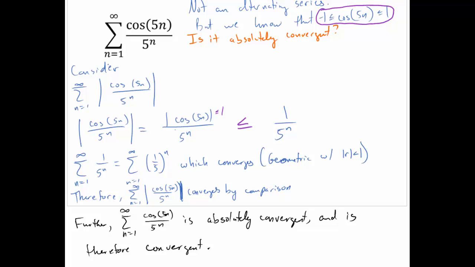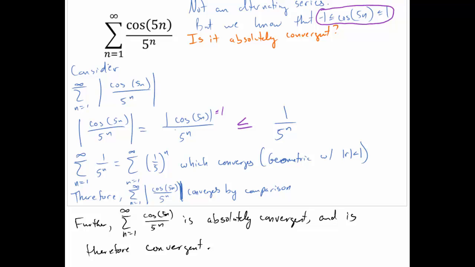So what did we do? Let's look back. We had this original series. The basic question for a series is, is it convergent? Well, we don't know what to do with that one right away. So what we did is take the absolute value of the terms. Under absolute value, we did a little bit of manipulation, and we were able to compare it to a series that we knew converged, in fact this geometric series.